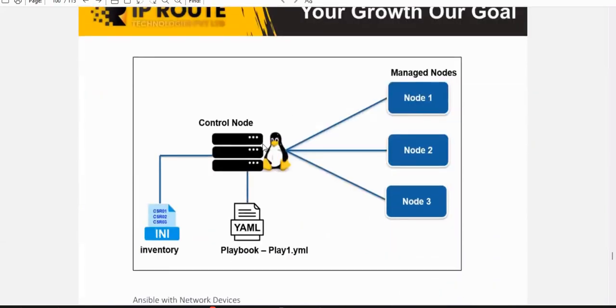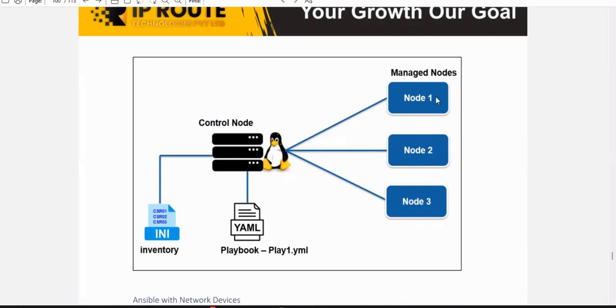Okay, this is the diagram which we have already seen. We have a control node. By the way, the control node on which Ansible is installed should be a Linux or Linux-like flavor. Okay? Because Ansible is not supported on Windows or network platforms. So the control node where Ansible is installed should be Linux.